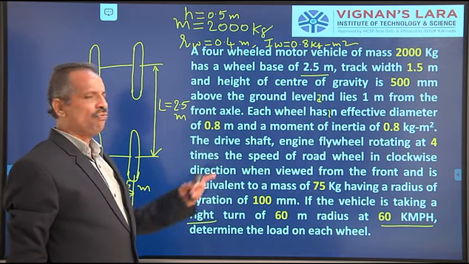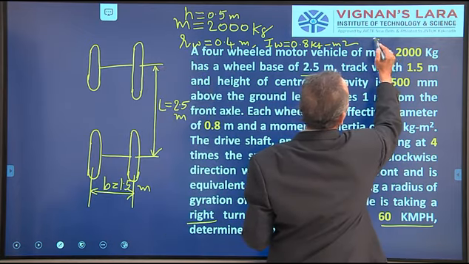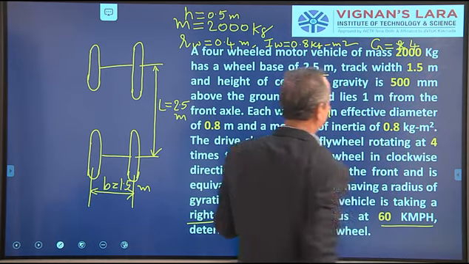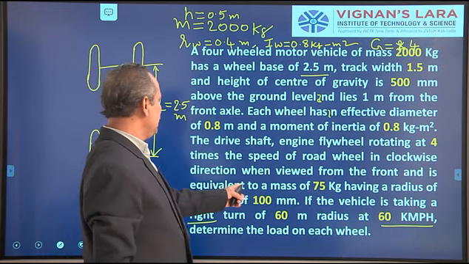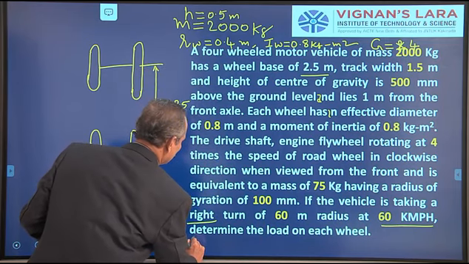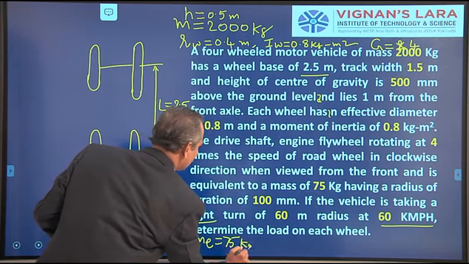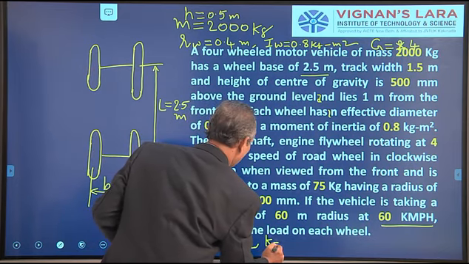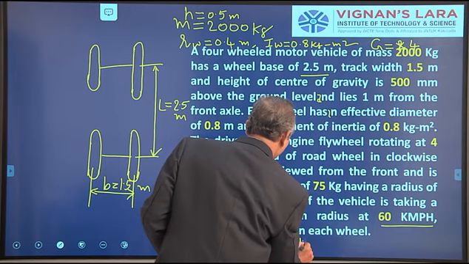Then the engine flywheel is rotating at 4 times the speed of the road wheel, which is nothing but G, which is 4. Then the engine mass is 75 kg, and the radius of gyration of the engine, KE, is 100 mm, which is nothing but 0.1 meter.